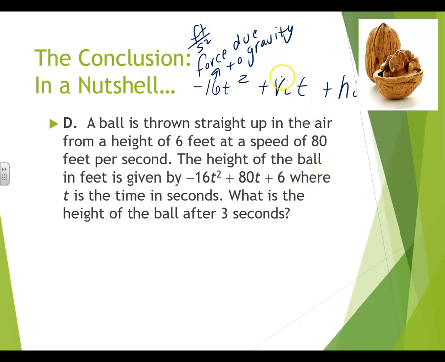All right. What else is there when I go to throw a ball? What does it have on it? Speed. What's another word for speed? Velocity. That's the word. This is the initial velocity.